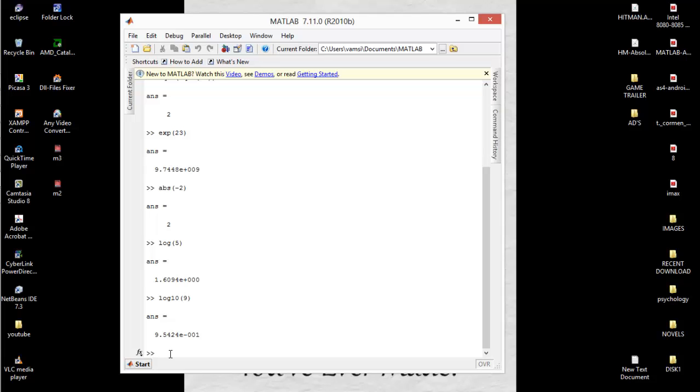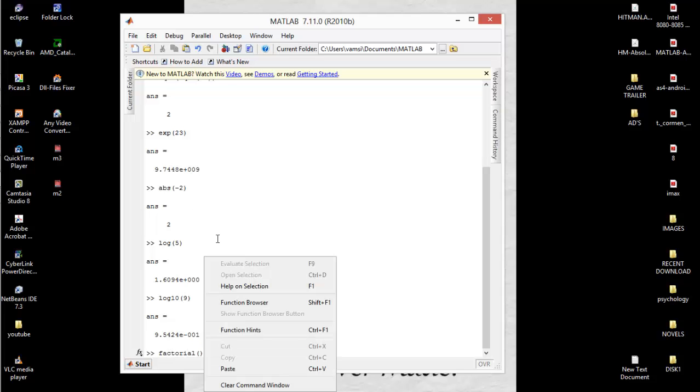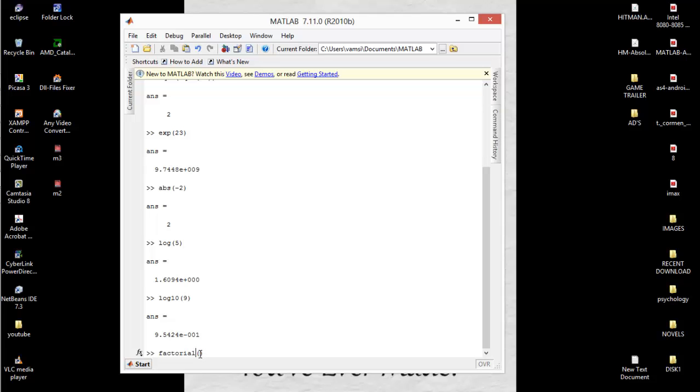And there is another function, factorial. The factorial of any number is the number multiplied by all the other numbers from that number down to 1. Suppose it is the factorial of 4, then it becomes 4 into 3 into 2 into 1.